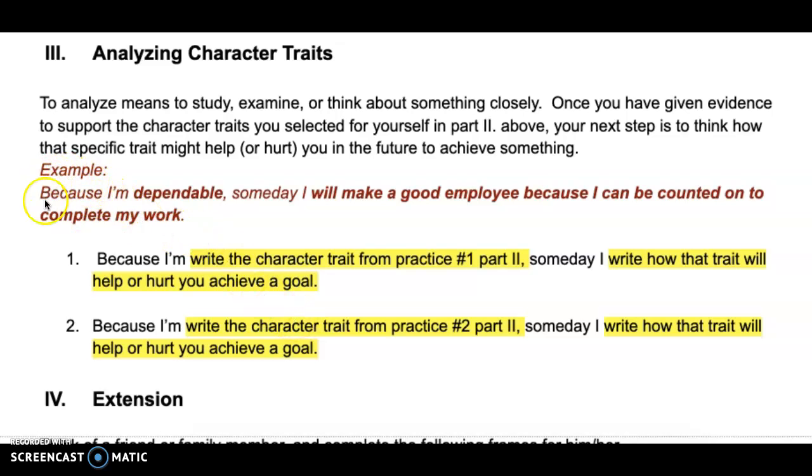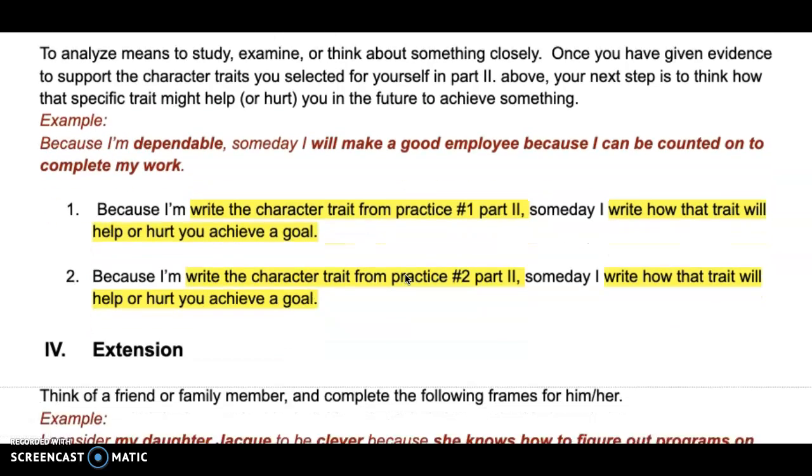Here's an example. Because I'm dependable, someday I will make a good employee because I can be counted on to complete my work. So look at the 2 character traits from part 2 above and complete these 2 sentence frames.